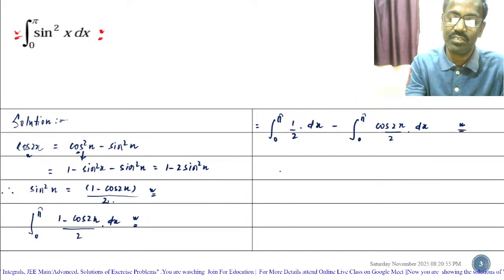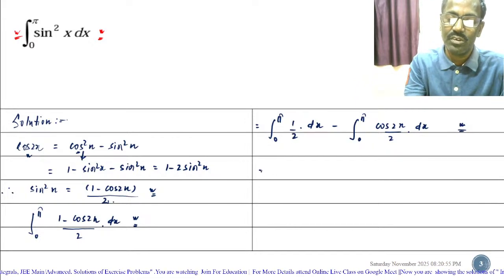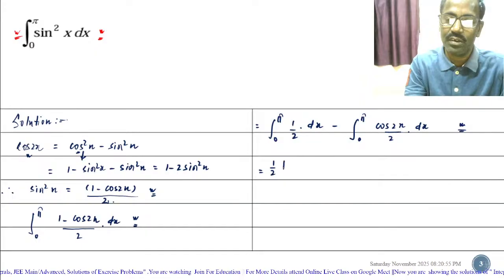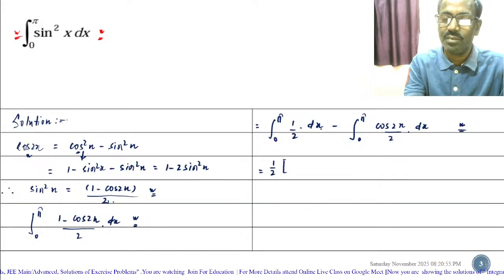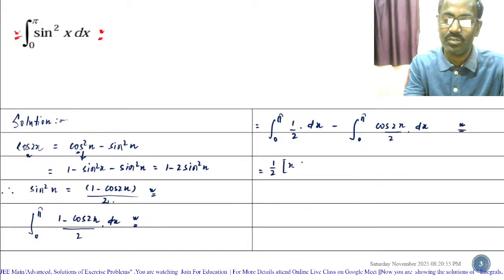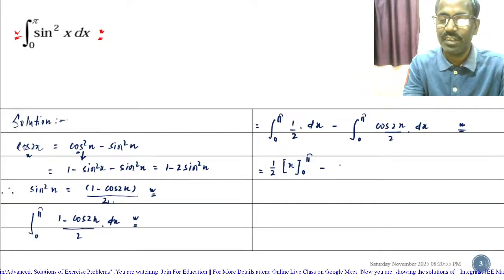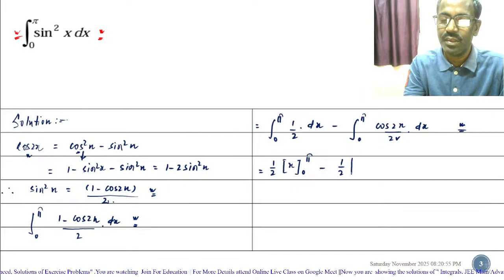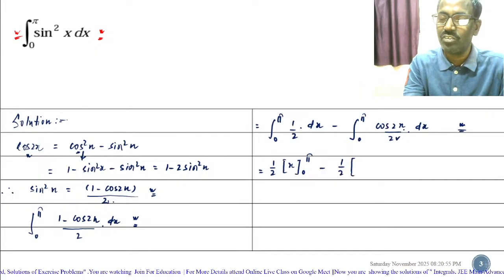So the next step will be 1 by 2, and the integral of dx will be what? Then here will be x, where the lower limit is 0 and the higher limit is pi, minus. For these two we write down here 1 by 2 and the integral of cos mx, here cos 2x, will be what?